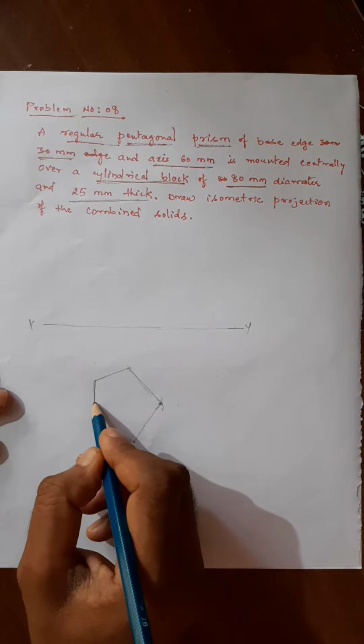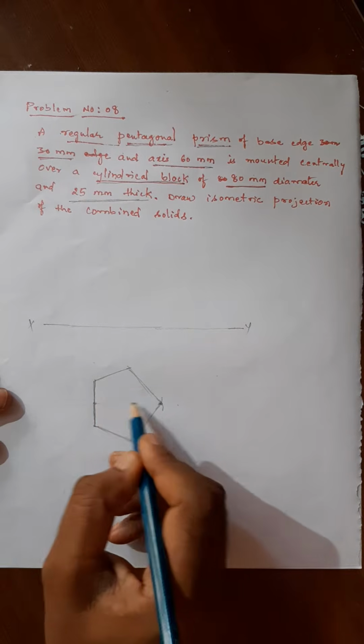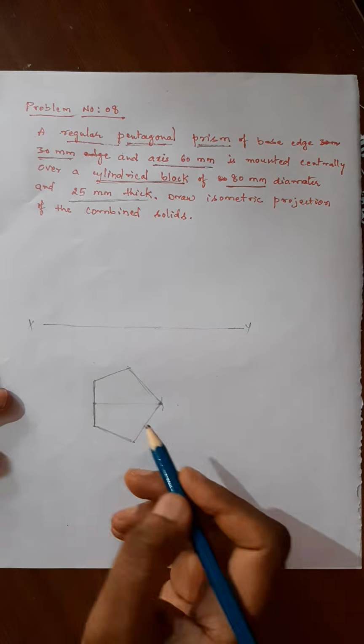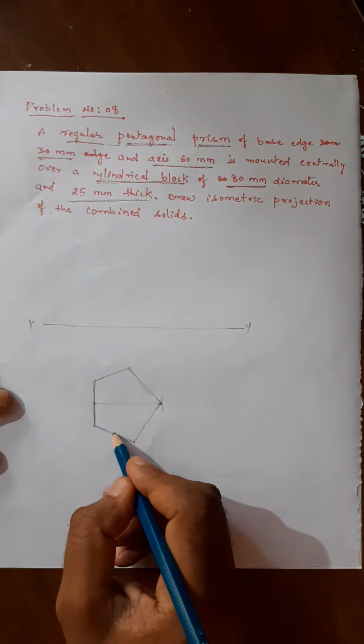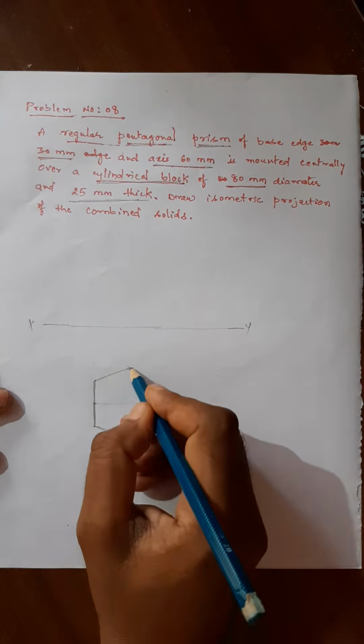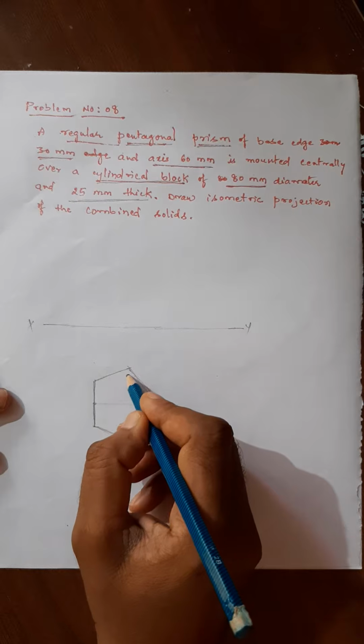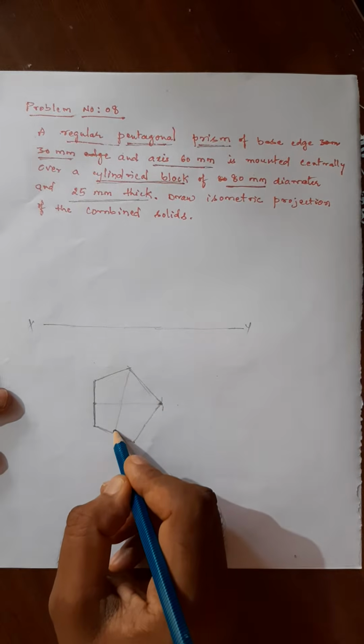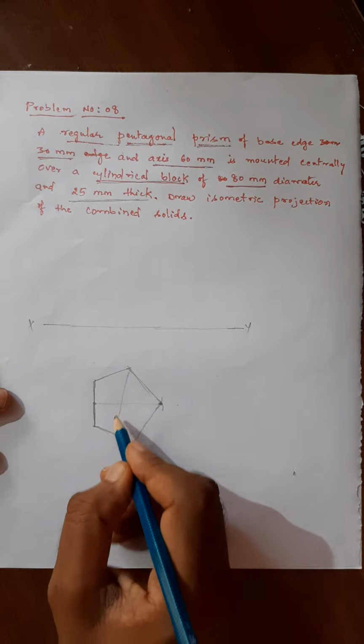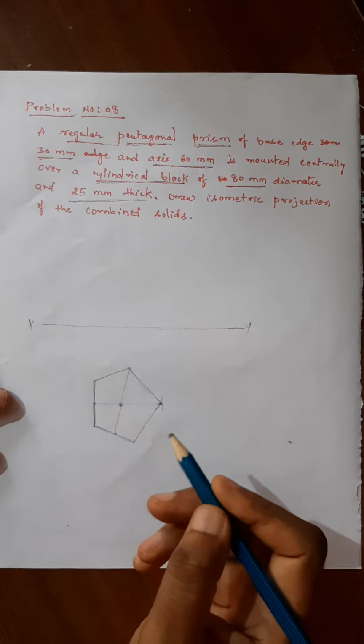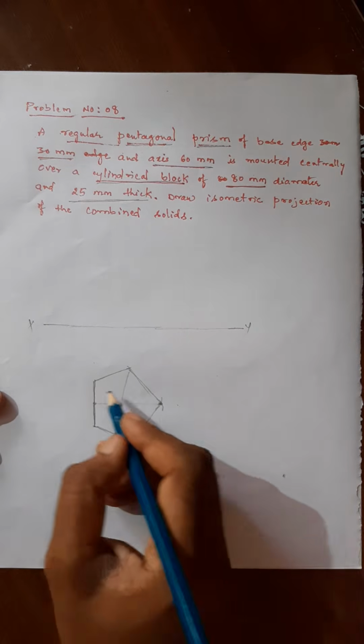Now enclose in a box. Now the center point: join the midpoint to the opposite corner. This is a median. Again midpoint joining the opposite corner. This is also another median, and we'll get the center point of the pentagonal prism.